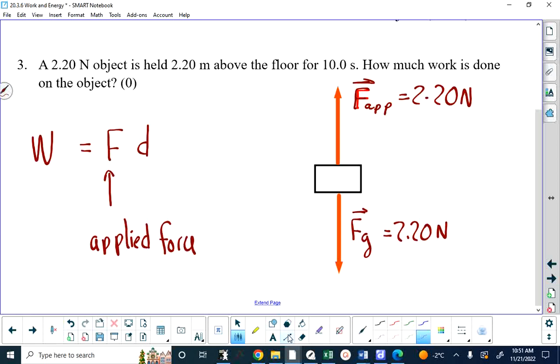There are a couple of ways we could explain why the amount of work done here is 0. One of them is that the displacement of the object is 0. The fact that you're given a distance doesn't mean that's the displacement. You're holding it at a fixed position, so it undergoes no displacement.